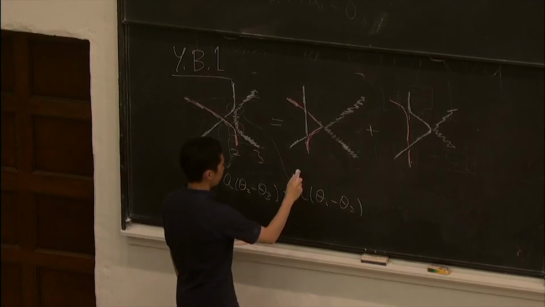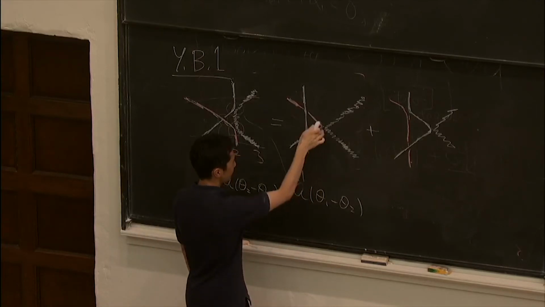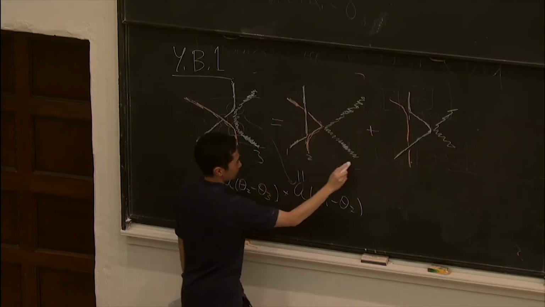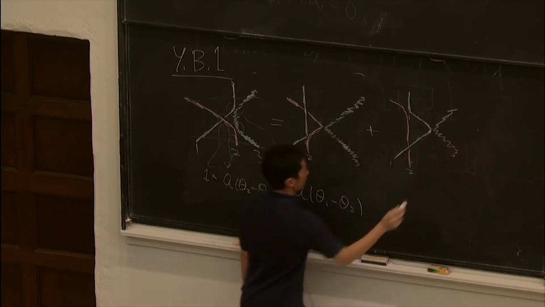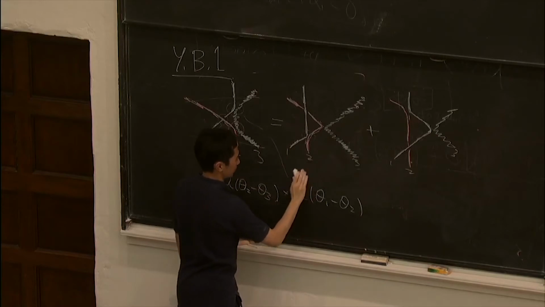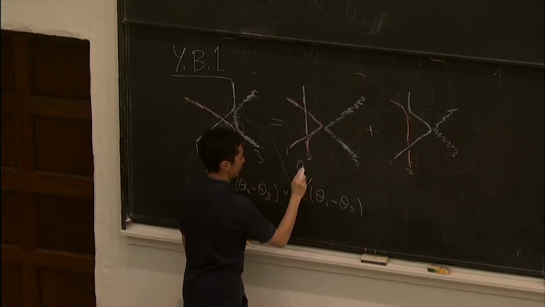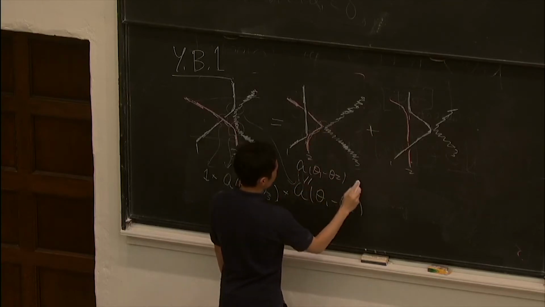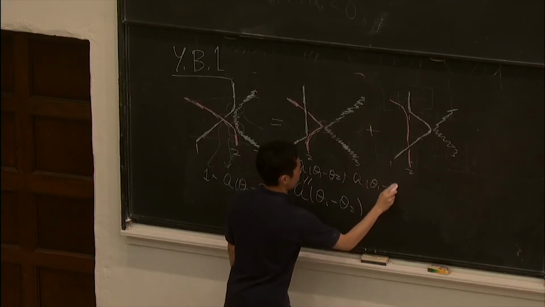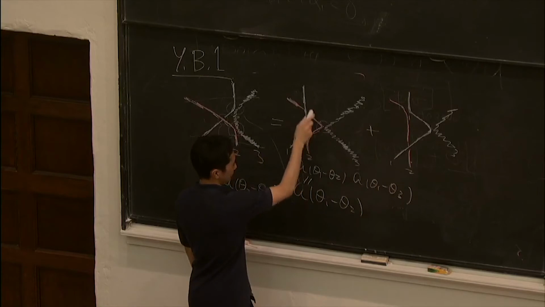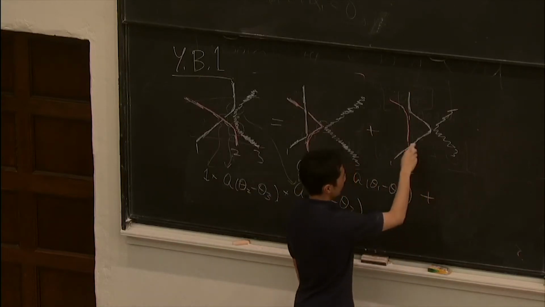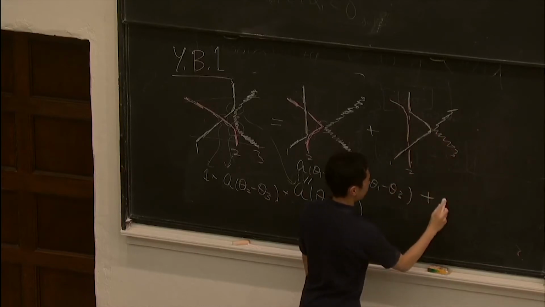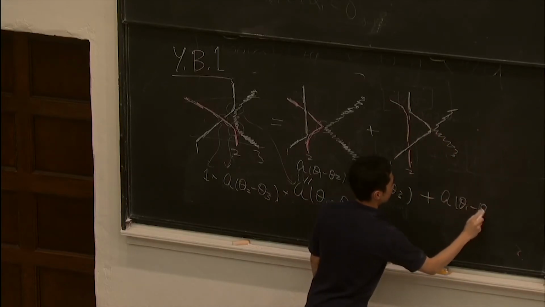On the other hand, this must be equal to this plus this. Let's analyze this picture. Let's put in indices. Here I have A of theta 1 minus theta 2. And here I have A of theta 1 minus theta 3. And here I have 1. And from this picture, I have a 1, 3 scattering, so I have A of theta 1 minus theta 3.